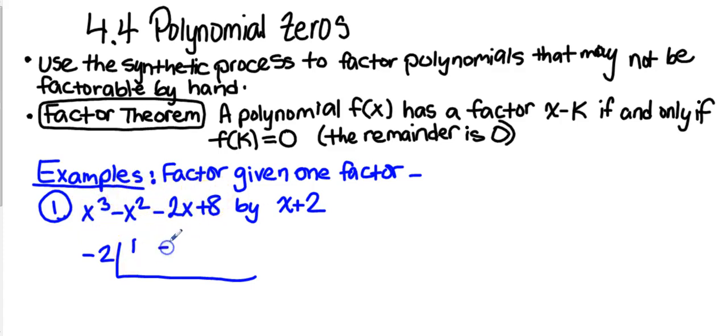So 1, negative 2, 8. Drop the 1. Multiply, I get negative 2. Add negative 3. Negative 2 times negative 3 is 6. Negative 2 plus 6 is 4. Negative 2 times 4, negative 8. And I get 0.